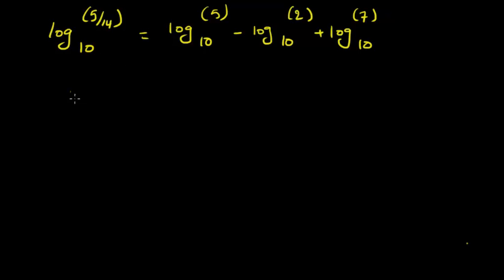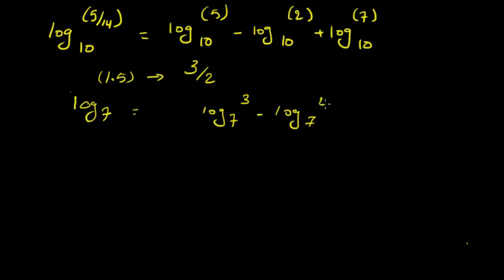Let's say we have log 7 of 1.5. When you see that one, you have to figure out what 1.5 is, right? 1.5 is actually 3/2. So we can write it as log 7 of 3 minus log 7 of 2.